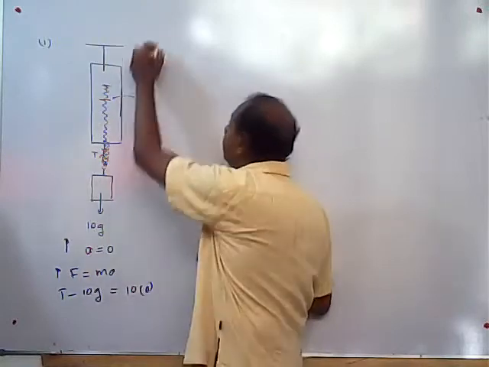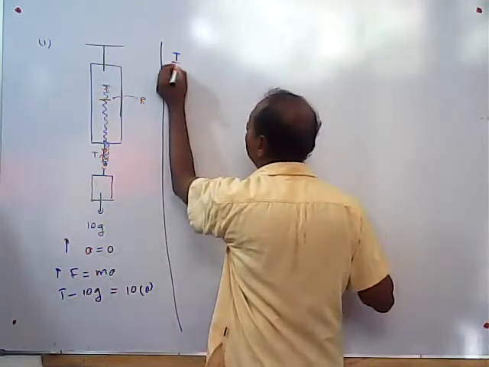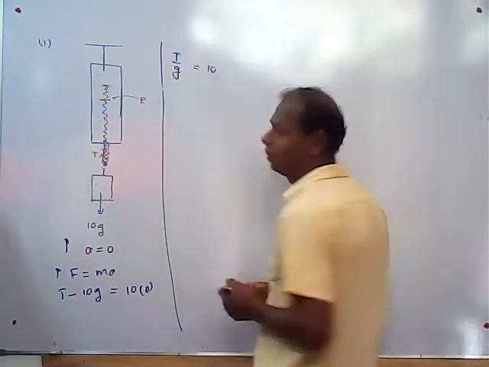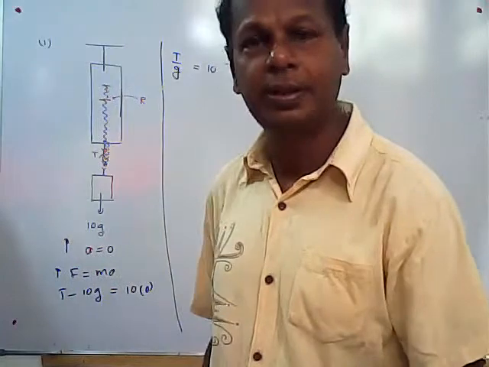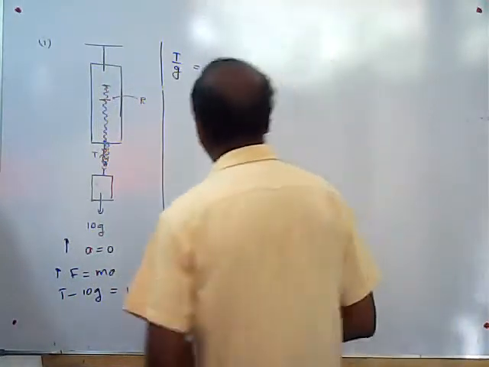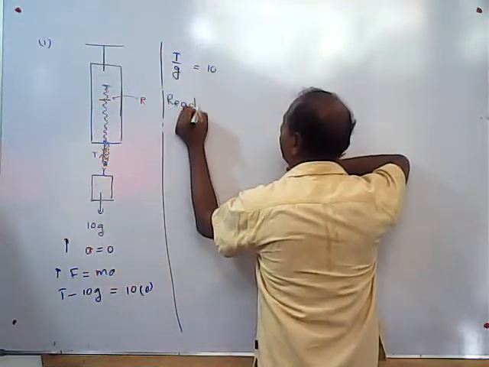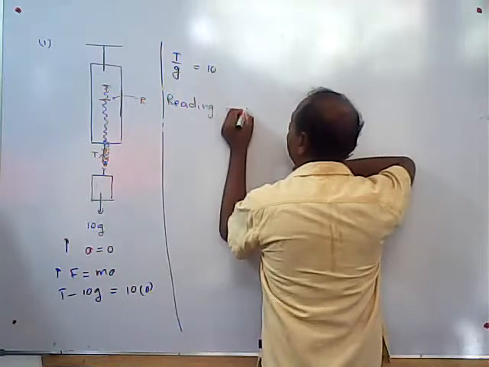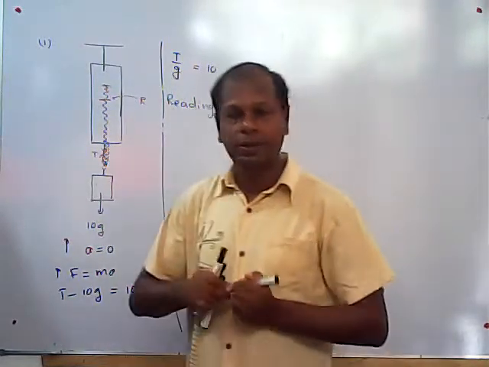So T equals 10g, and T over g is equal to 10. The reading is T over g, so the reading is 10.